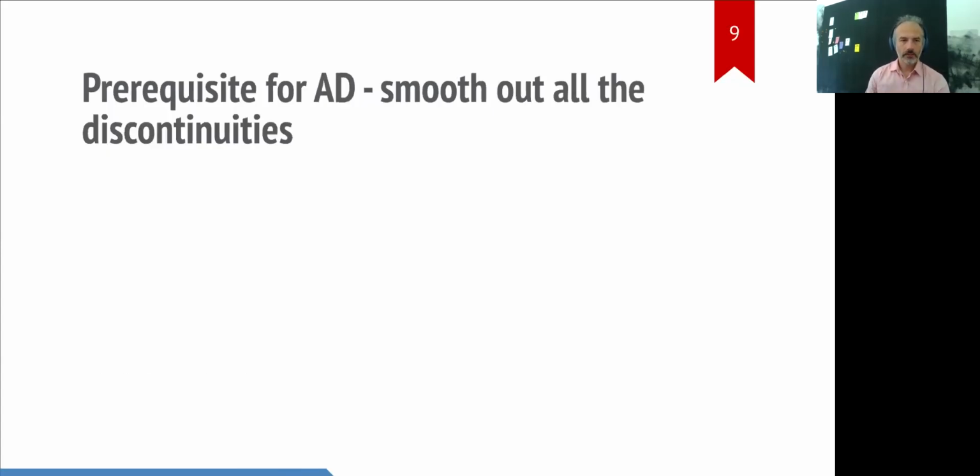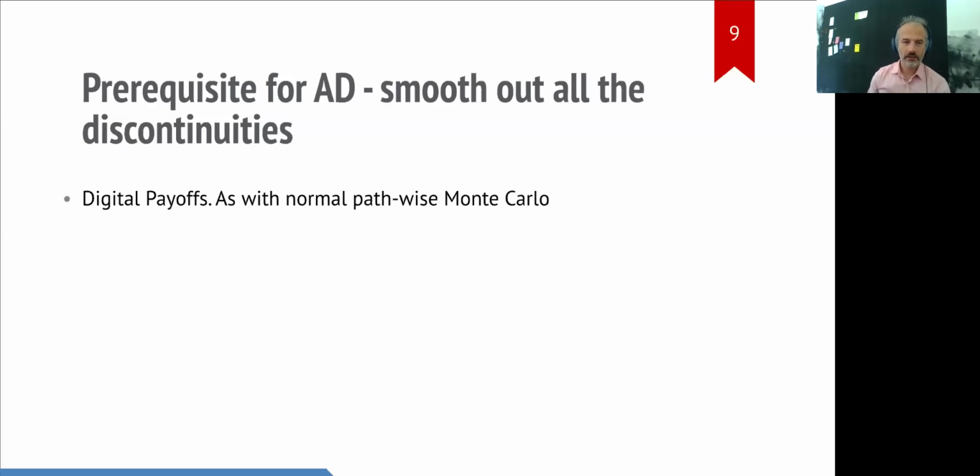So, like I said, we need to do some housekeeping for applying adjoint differentiation. So we need to smooth out all the discontinuities in our pathwise Monte Carlo. So this includes any discontinuities in payoffs. This is normal, like all digital payoffs need to be changed to a fairly smooth function at the strike.